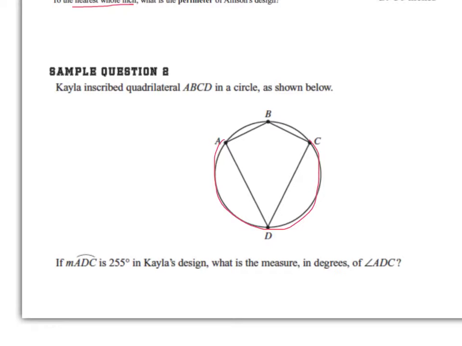That would leave 360 degrees minus 255 for 105 degrees for arc ABC. And then since that is the intercepted arc of this angle, that's going to be divided by 2 for 52.5 degrees. And that's our answer.